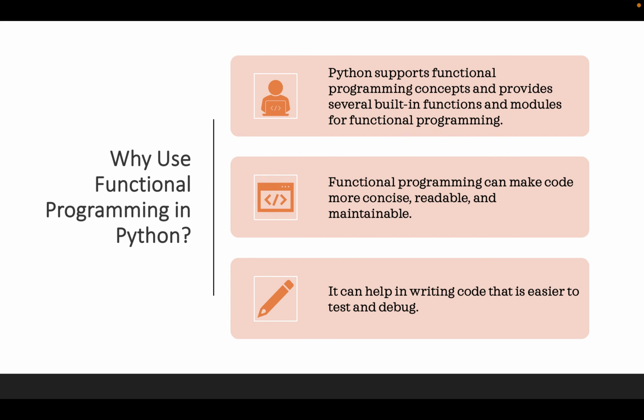Why use functional programming in Python? Python supports functional programming concepts and provides several built-in functions and modules for functional programming. The language structure of the function itself makes implementing functional programming features in Python pretty straightforward.